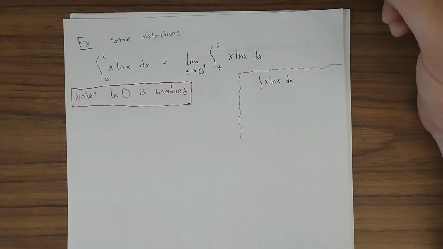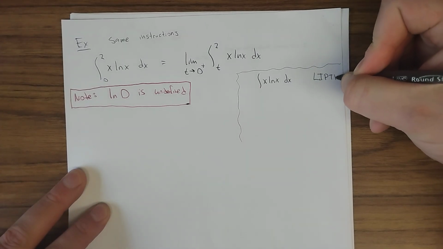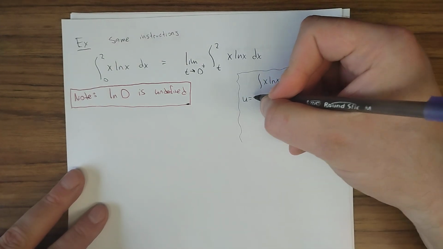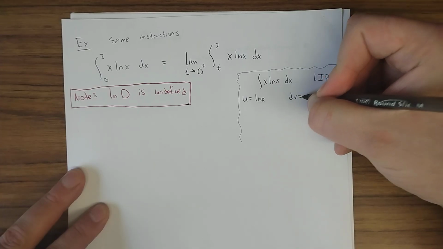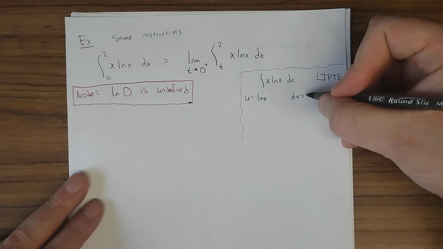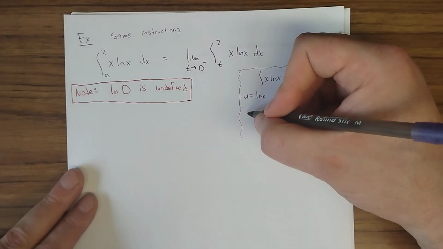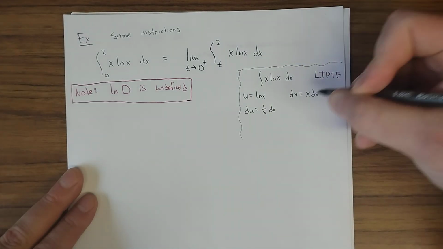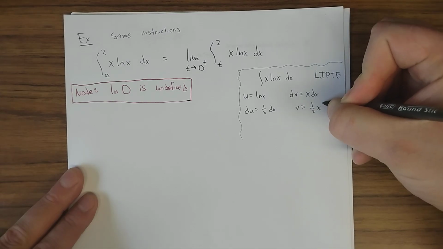This looks like integration by parts. I see a log, so that's going to be u. x dx is going to be dv. du is 1 over x dx. v is this antiderivative, so 1/2 x squared.